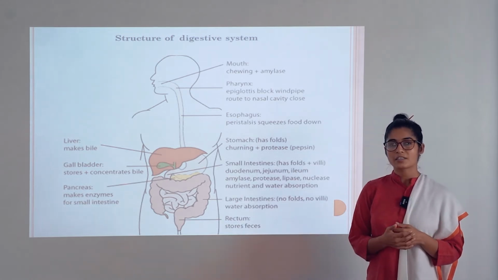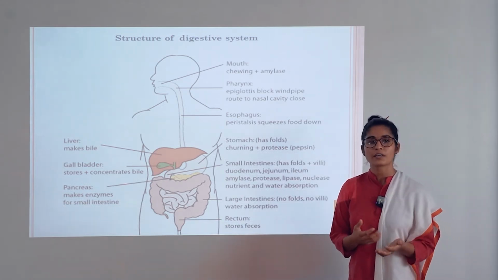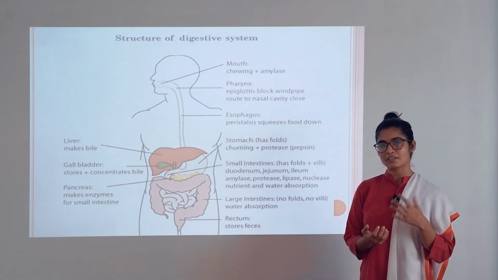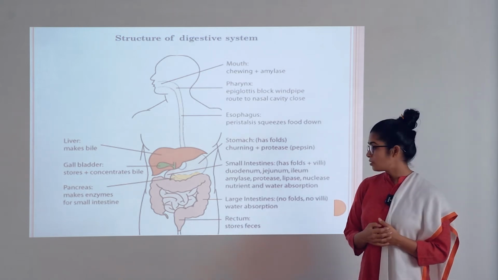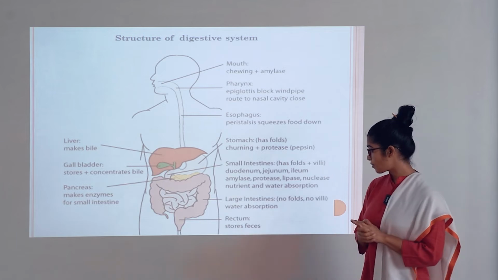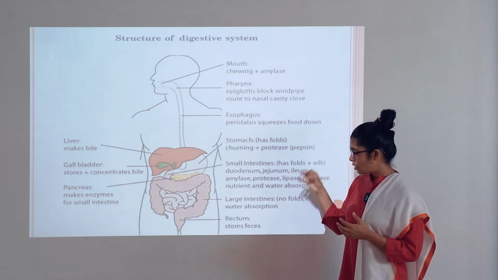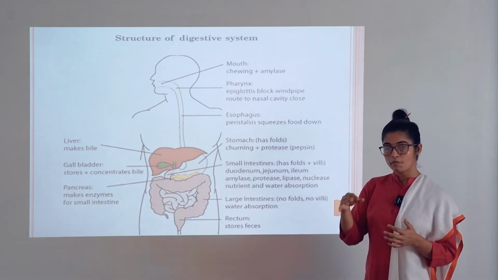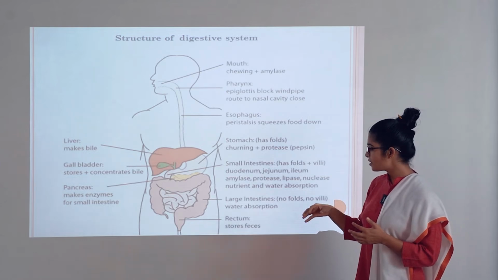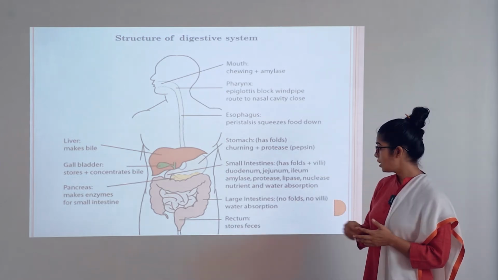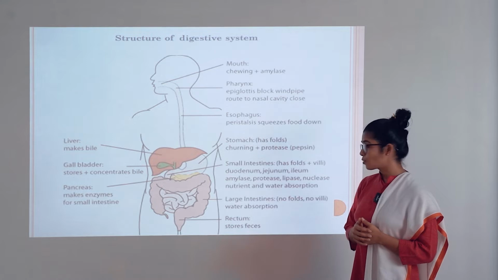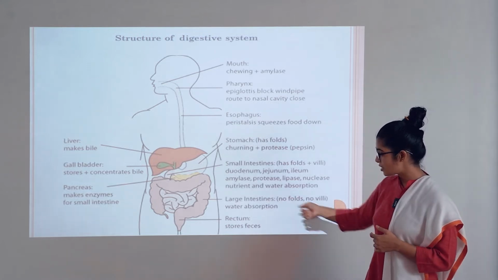The function of the large intestine is to absorb any water content, and it has only waste product, which moves down towards the rectum. The large intestine also has different parts, as we see in the picture.